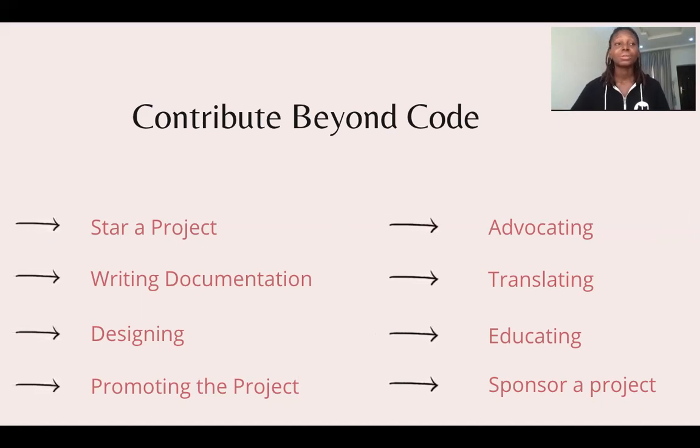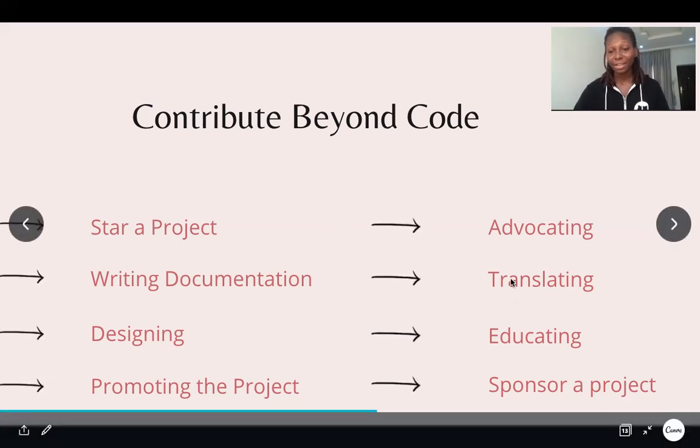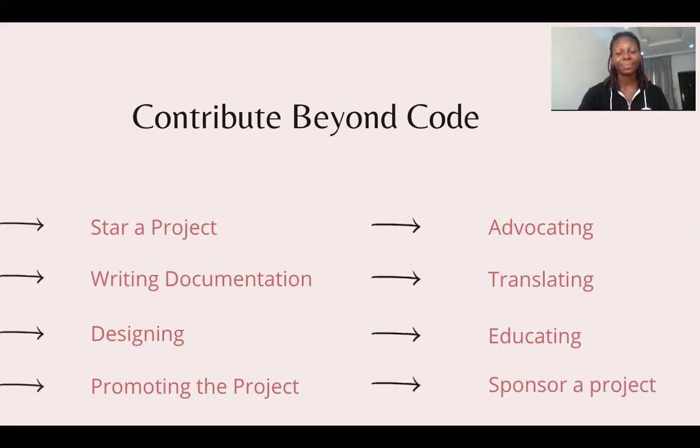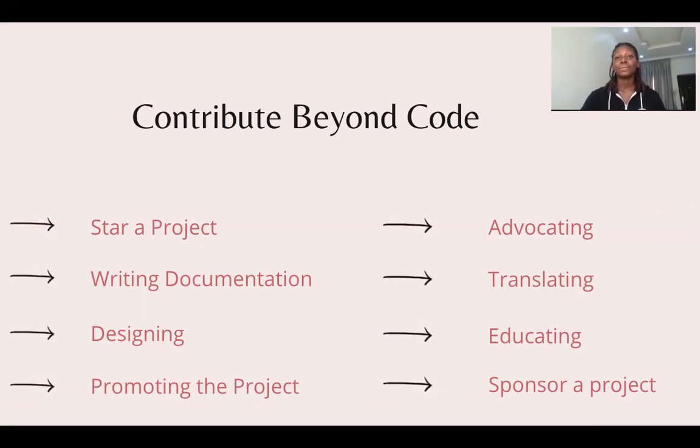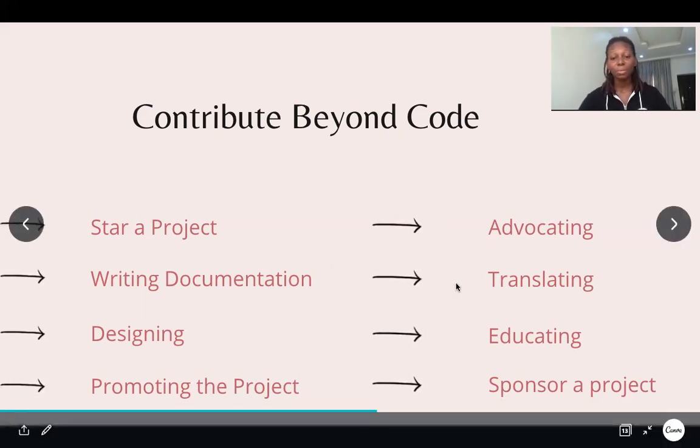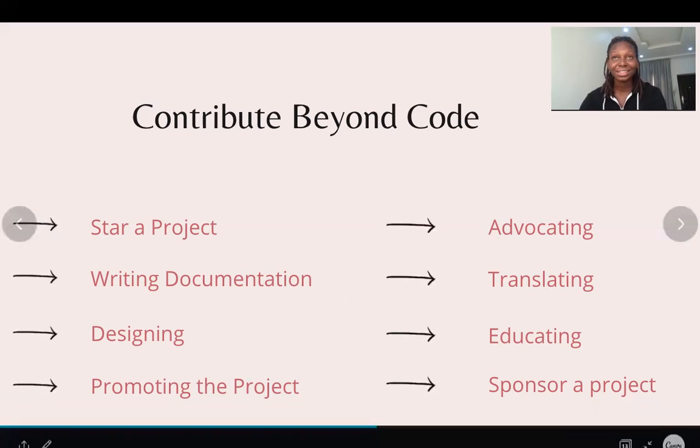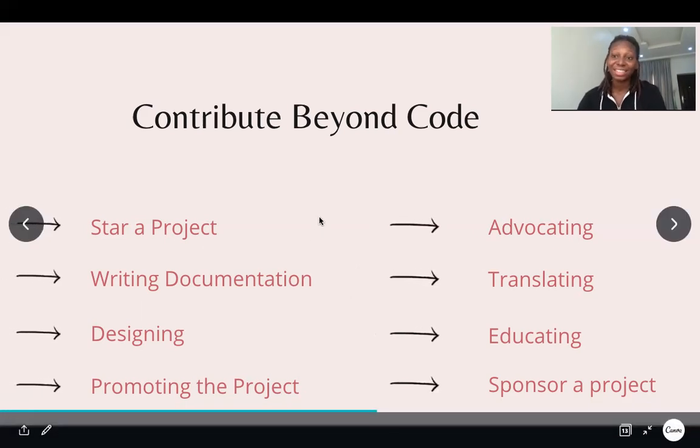Translating the documentation into different languages is also a way of contributing to open source, because you are letting people know that they're welcome, even if they're not very grounded in English or a particular language. So you can help by translating the documentation of an open source project, and educating people about open source, or what some persons would call open source evangelism. That is also a way of contributing to open source.